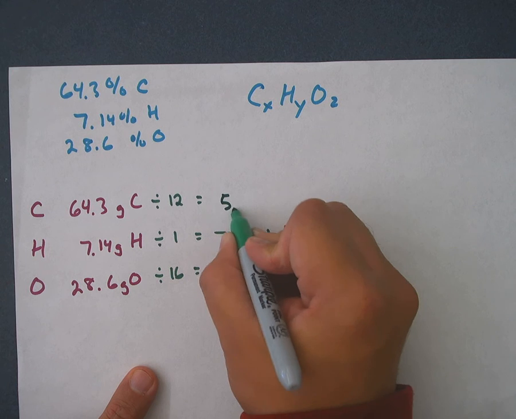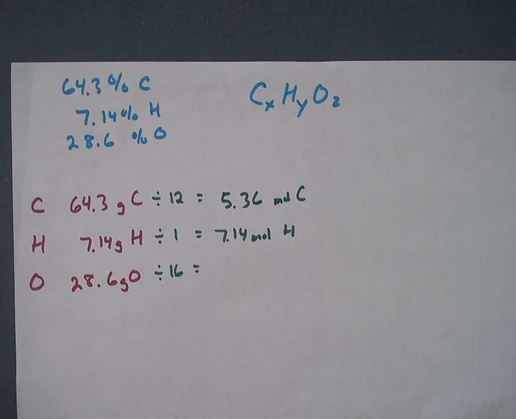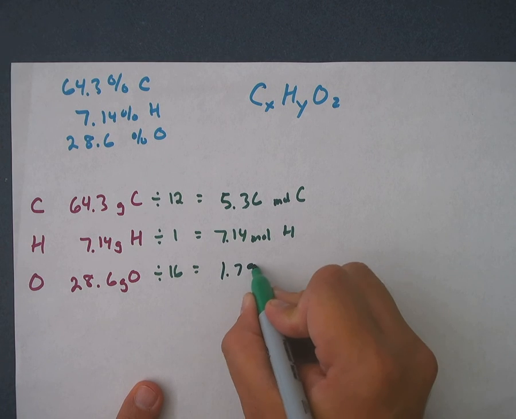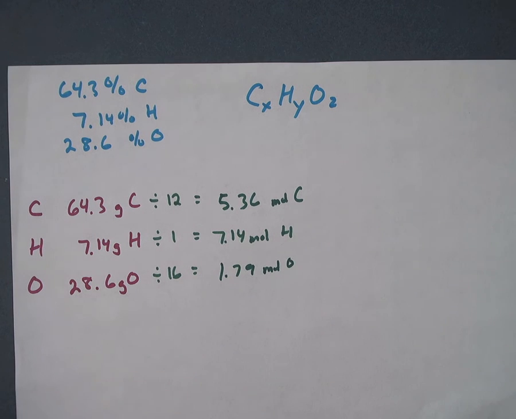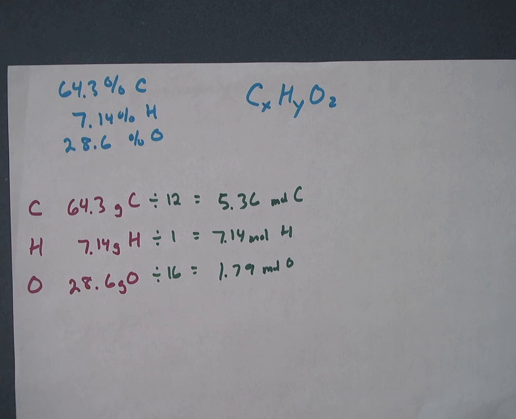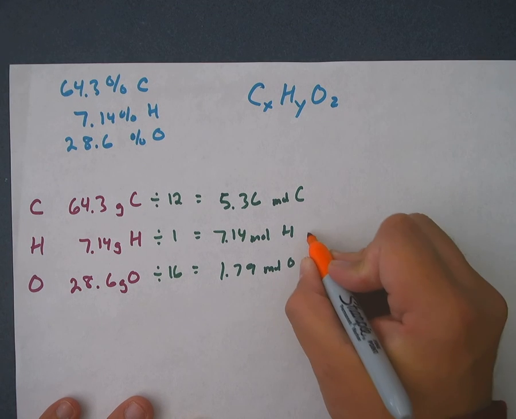I got 5.36 moles of carbon. 28.6 divided by 16, 1.79 moles of oxygen. Our next step is to take each of these 3 moles and divide by the smallest mole. So I think 1.79 is the smallest.